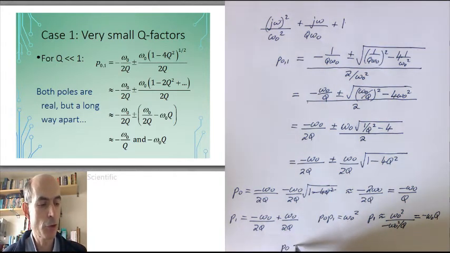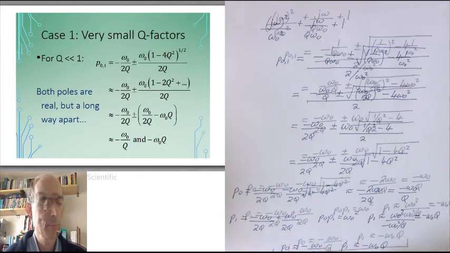One of them is approximately at minus omega naught over Q, and the other one is approximately at minus omega naught times Q. Much easier.